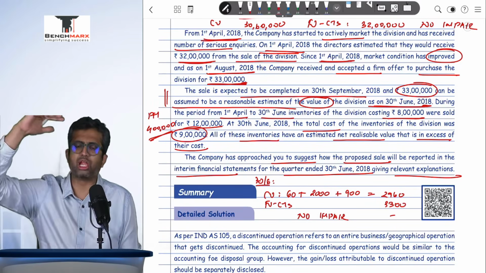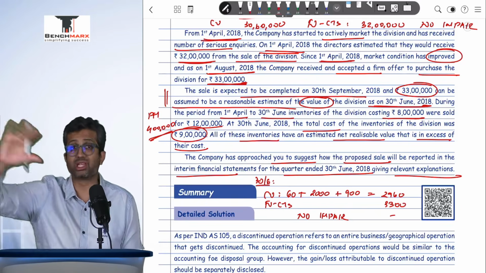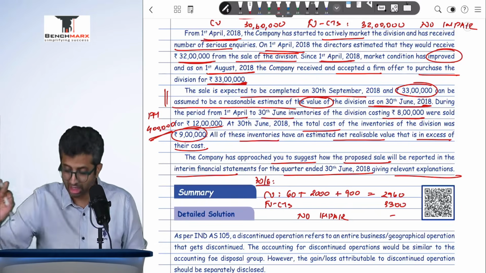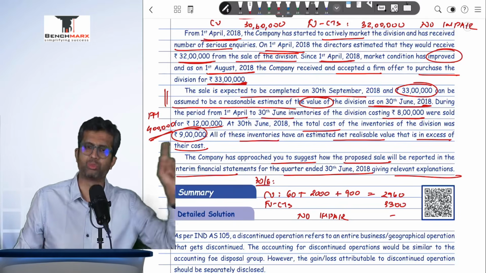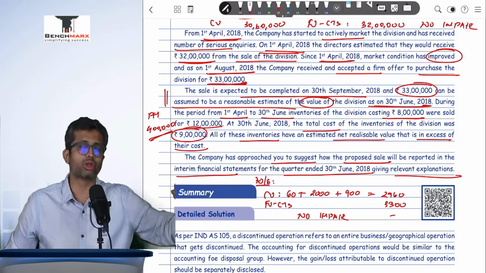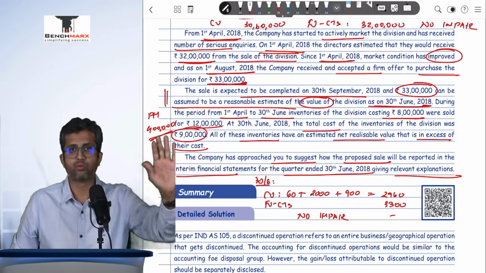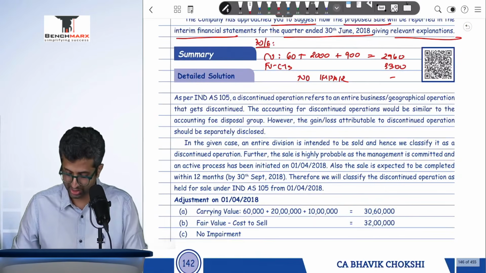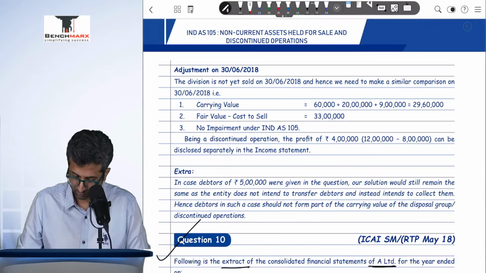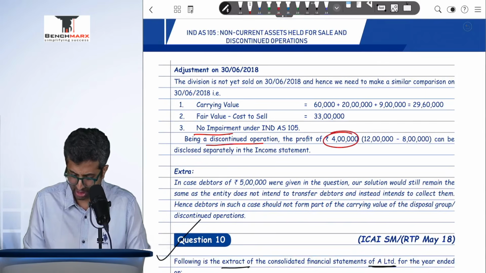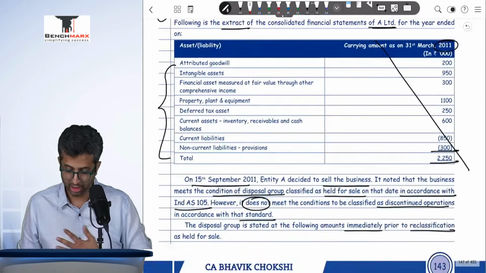In your balance sheet there will be current assets, non-current assets, and then non-current asset held for sale appearing at around 29 lakh 60,000. There will be no further impairment, and in your P&L account as a part of your workings you will show profit from discontinued operations of around 4 lakhs. As you can see over here, there is no impairment, and being a discontinued operation, profit of 4 lakhs can be disclosed separately in the income statement.